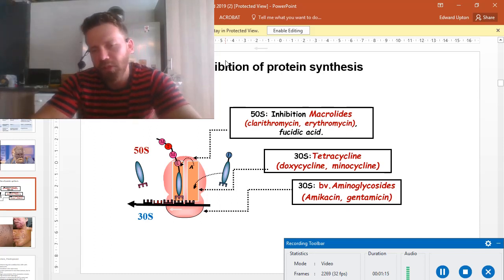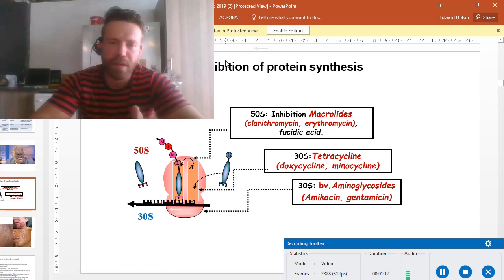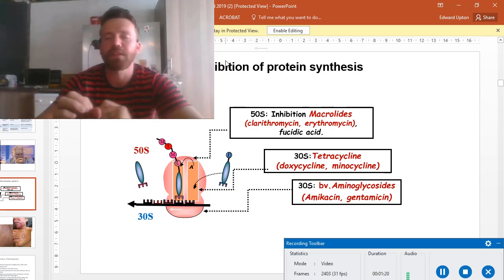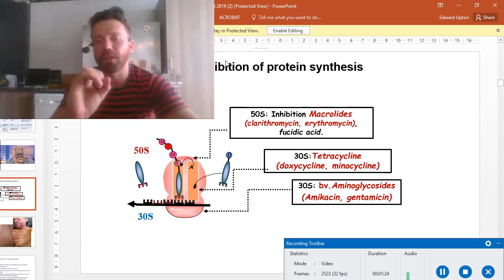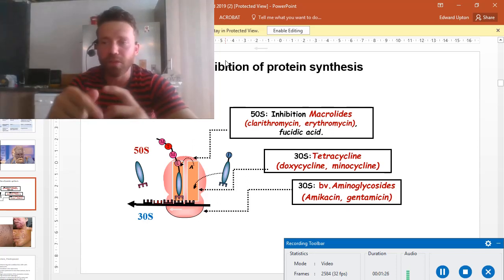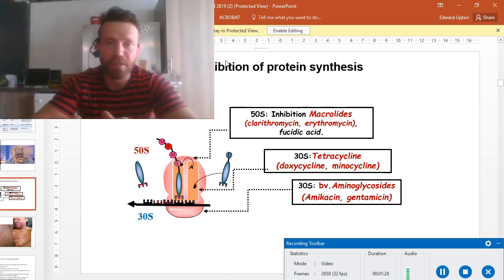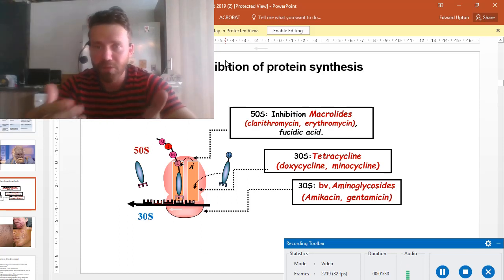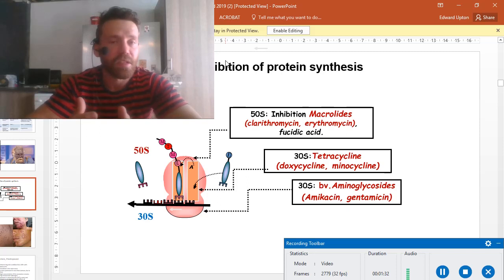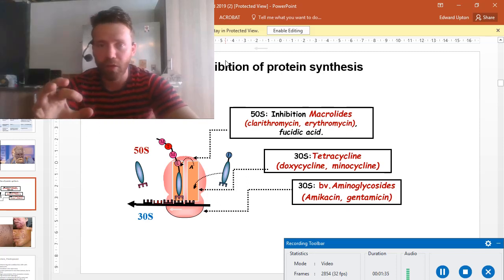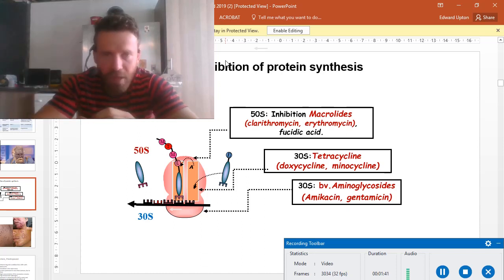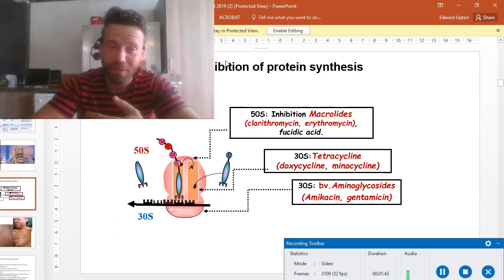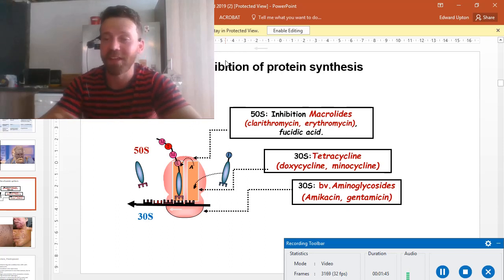So somewhere along the line, we want to inhibit those proteins being made, so that when these bacteria want to undergo mitosis from 1 to 2, they can't, because they can't produce the functional proteins they need inside of their cells to do things, or they can't produce their cell walls. If they don't have a cell wall, they can't protect themselves from everything outside in the environment. They can't protect themselves against the immune system, etc. But you'll do a lot of that in 313, so that's not our responsibility in this course.